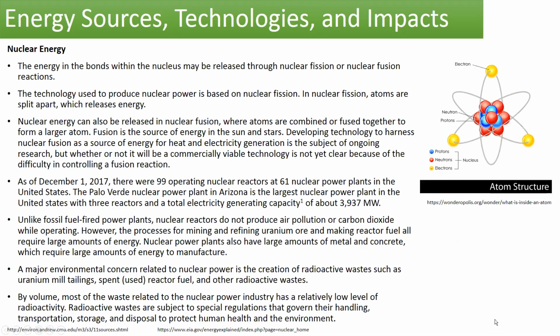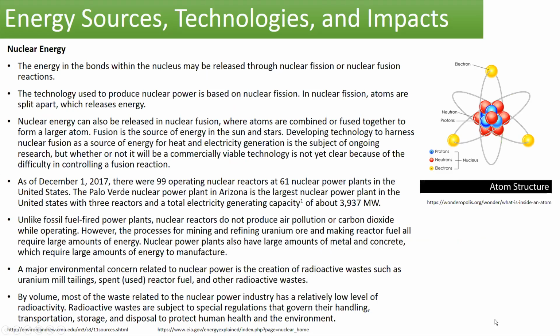As of December last year, there were 99 operating nuclear reactors at 61 nuclear power plants in the United States. There is one in Arizona that is the largest nuclear power plant in the United States with 3 reactors and a total electricity generating capacity of about 4,000 megawatts.